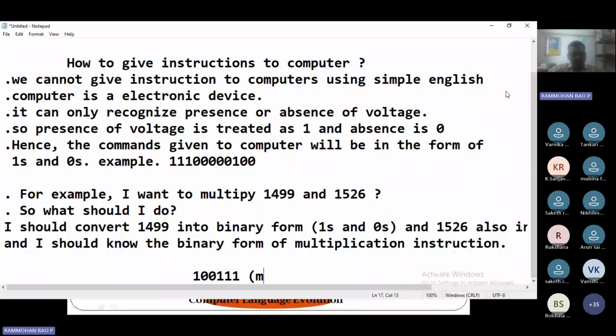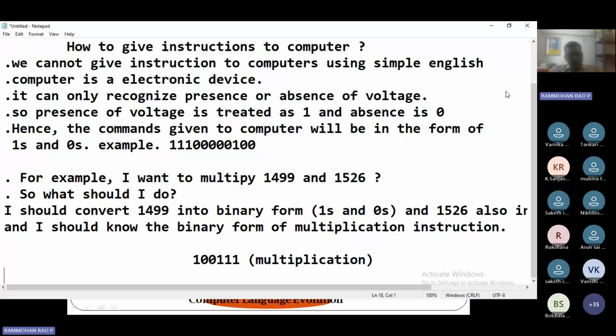For addition there will be a command, for subtraction there will be a command, and for division there will be a command. Like that, for everything there will be a binary command. Then how many such binary commands should I remember? If the computer can execute 10,000 instructions, I should remember 10,000 such binary commands, which is very, very difficult for us. So friends, for example, this is the binary code of multiplication, and let us assume this is the binary code of my first number.